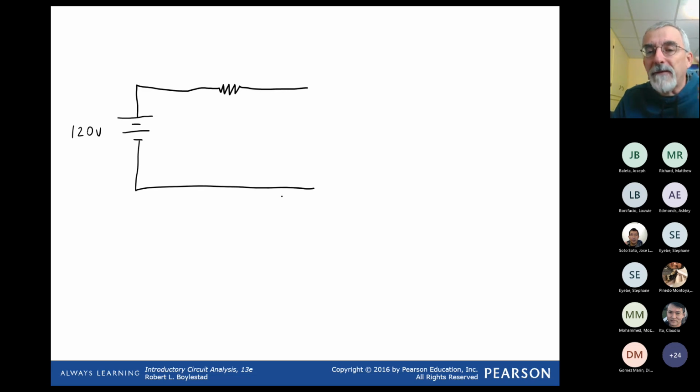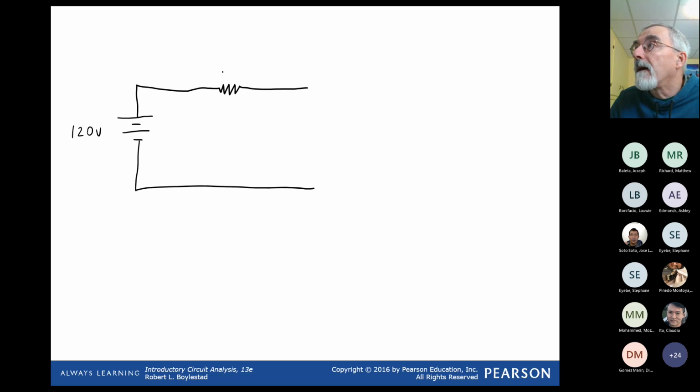Okay, if I had 120 volts, a big battery, I'm going to put a resistor here to simulate, just to make us think a little bit, maybe 100 kilometers of wire, and it's got some resistance.